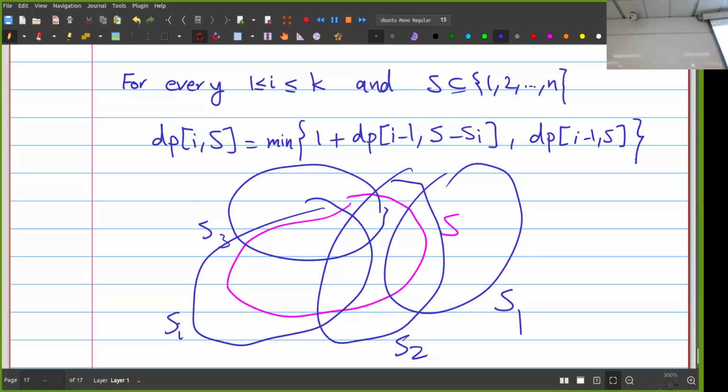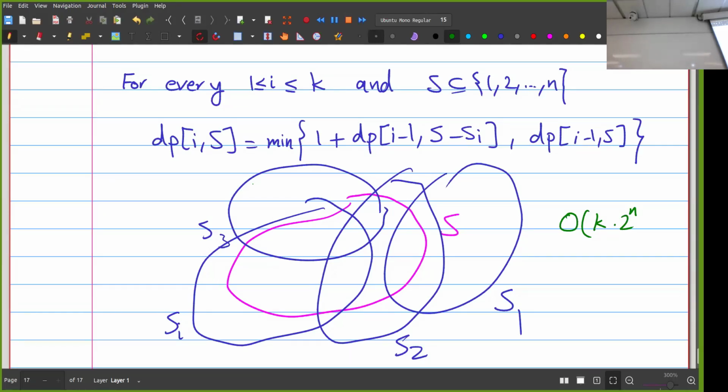I have k times 2 to the power of n subproblems. Because I can go from 1 to k, and S is a subset of 1 to n. So it's 2 to the power of n possibilities for S, and k possibilities for I. So the total runtime is O of k possibilities for I times 2 to the power of n possibilities for S. Oh, actually, this is not just O(1), even though it's the minimum of two things.